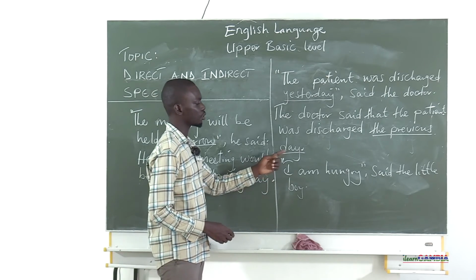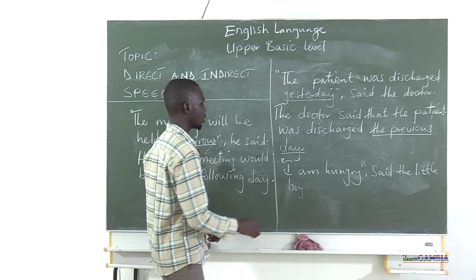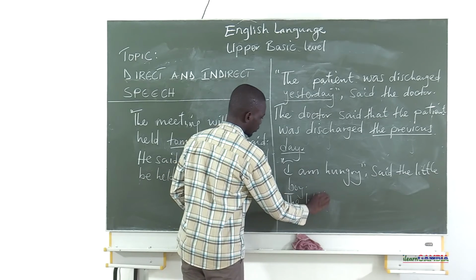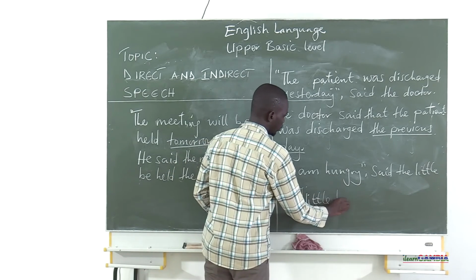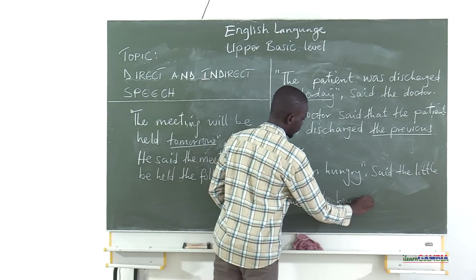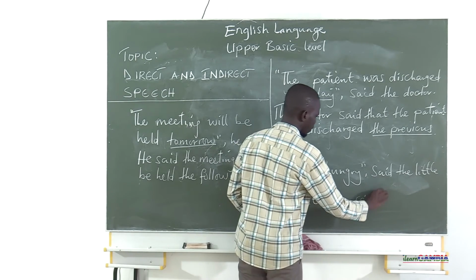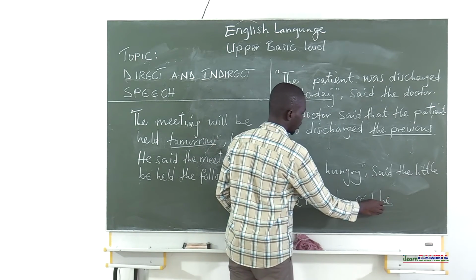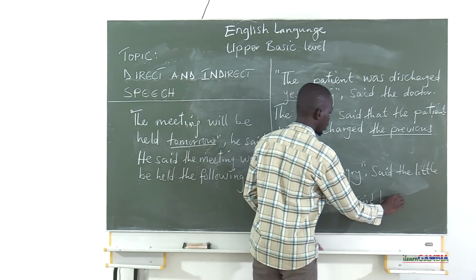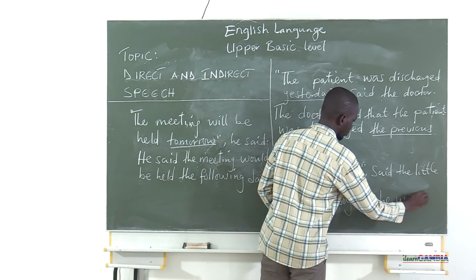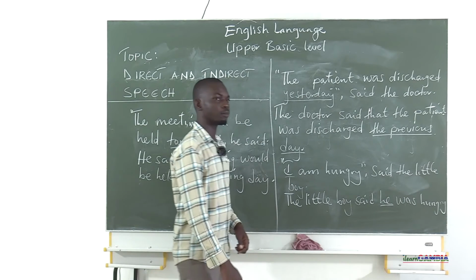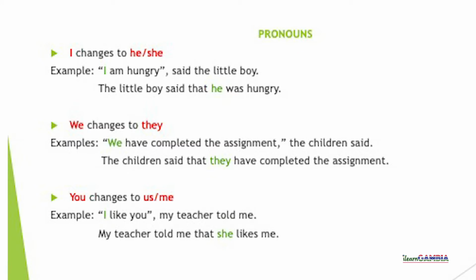Then if you want to change this to an indirect speech, you would say, the little boy said he, okay? So this I has changed to he, okay? He was hungry, okay? The little boy said he was hungry, or the little boy said that he was hungry.